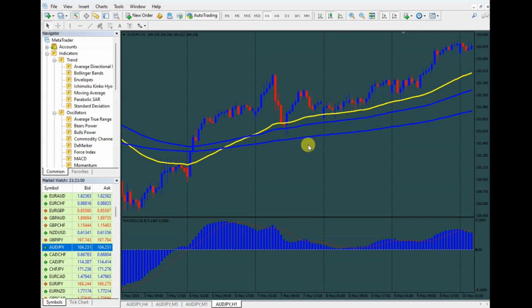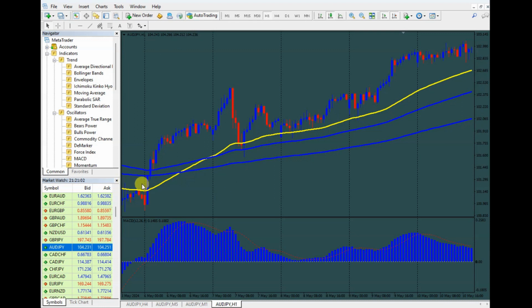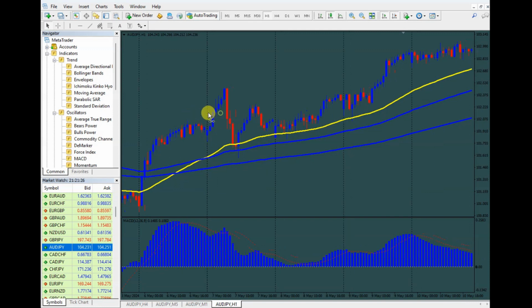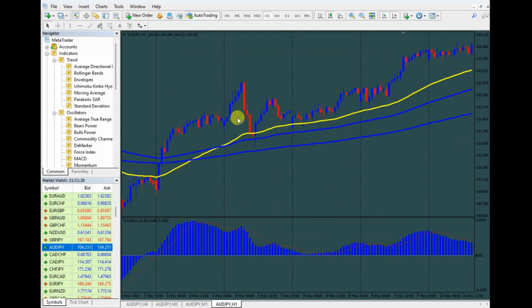One is that we are considering the point when the 3 moving averages are lying one on top of each other. That means the 100 is above the 200, the 50 is above the 100. Once we have this condition, the price is above the 50, the 100, and the 200.